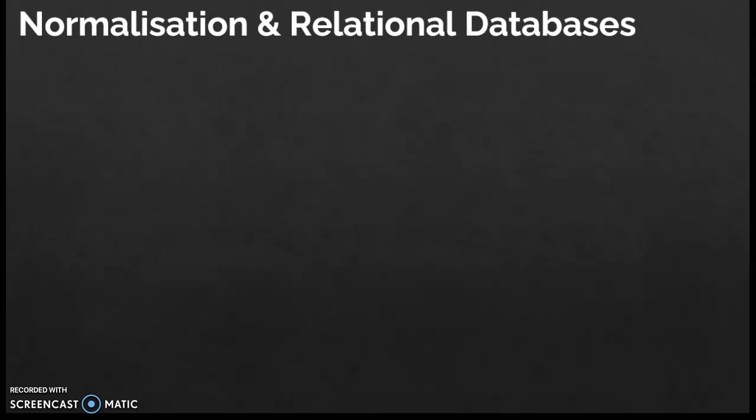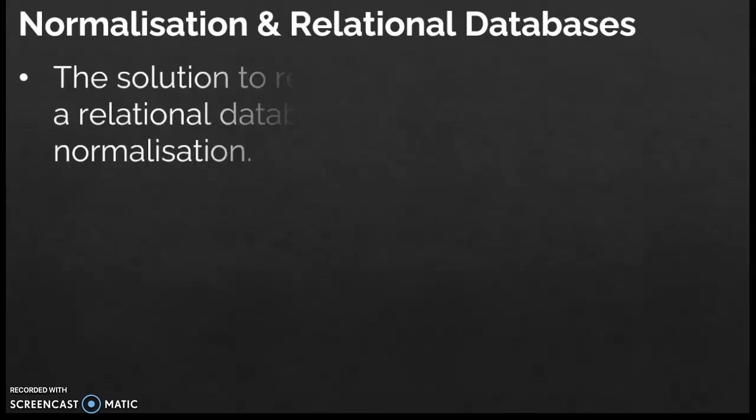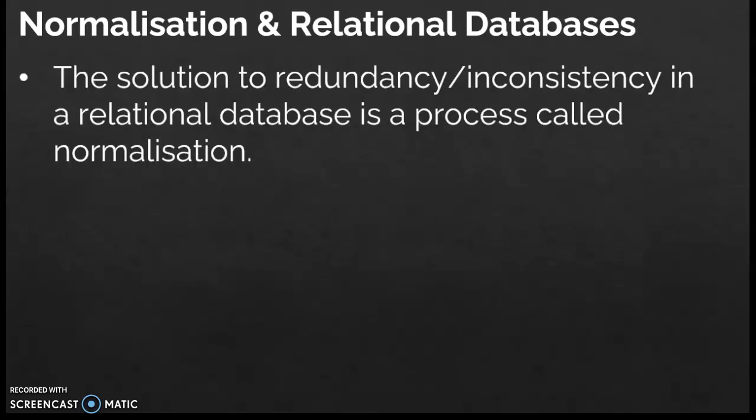How do we fix up these problems with redundant data and inconsistent data? You do something in the database world known as normalization of the database. So the solution to redundancy and inconsistency in a relational database is a process called normalization.